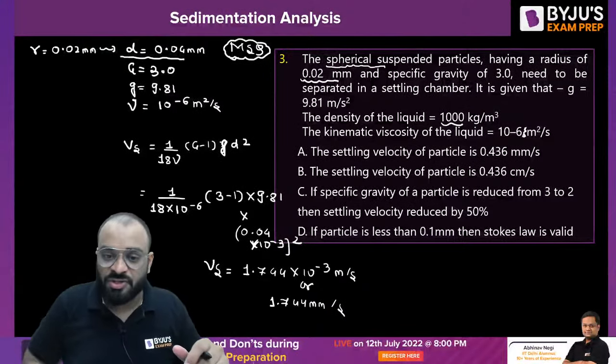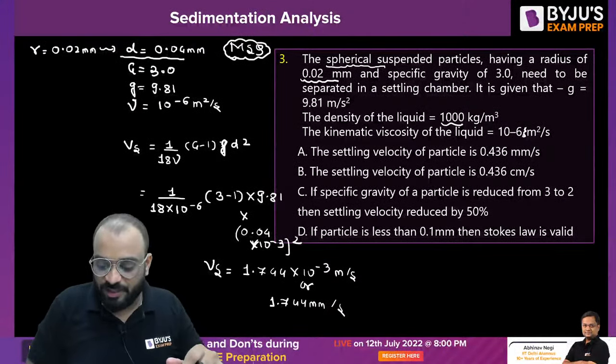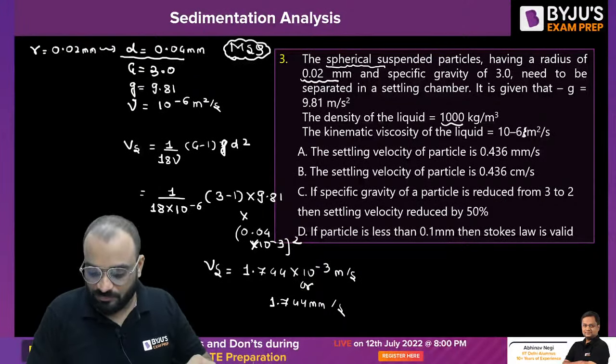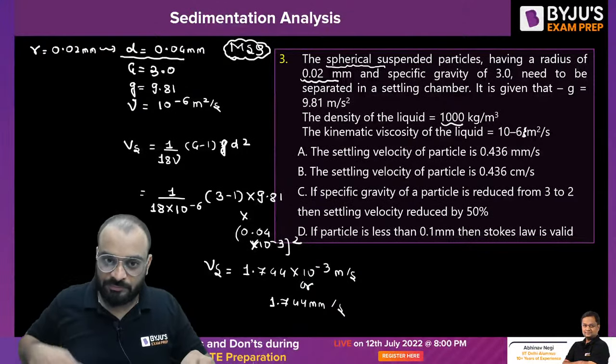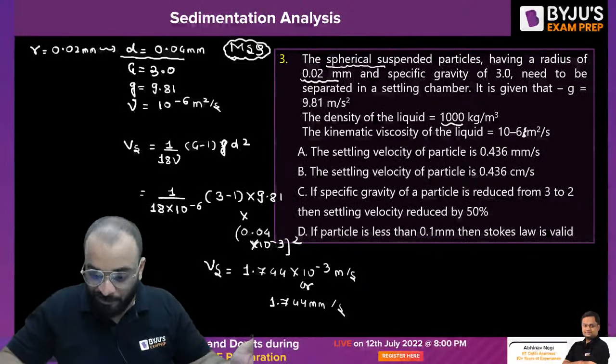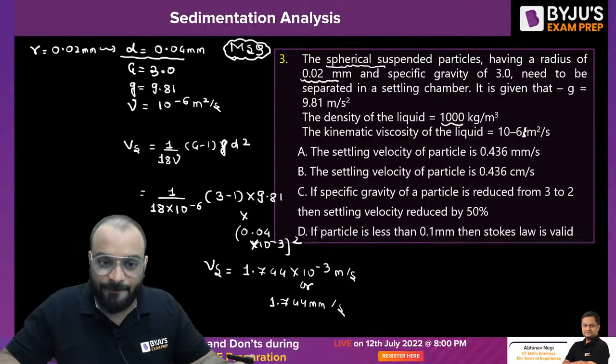This is the settling velocity which we are getting in this particular case, 1.744 mm per second. So this is basically your settling velocity.